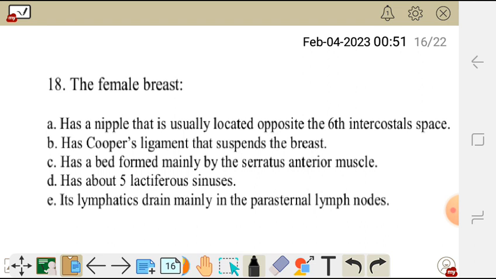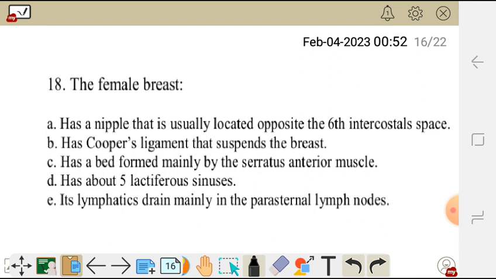Then D, has about 5 lactiferous sinuses. The breast has about 15 to 20, not 5, lactiferous sinuses. And E, the lymph is mainly drained by the pectoral lymph nodes.